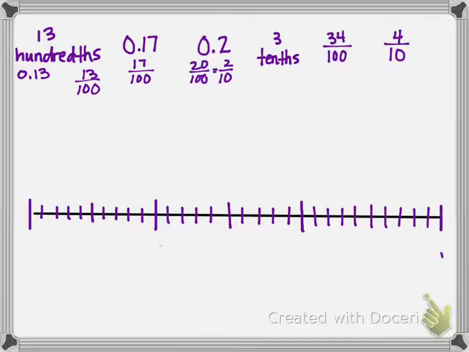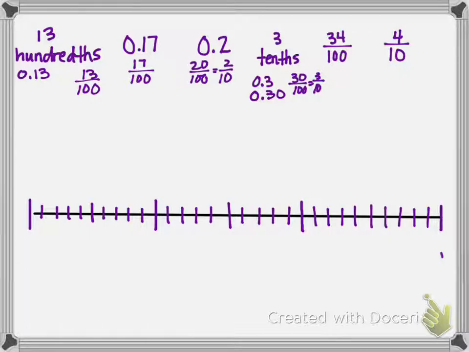Divide top and bottom by 10, and you get 2 tenths. Okay, 3 tenths would be written like this, which can also be written like this, with that extra 0, right? Or 30 hundredths is equal to 3 tenths. Okay, just recognizing those forms.